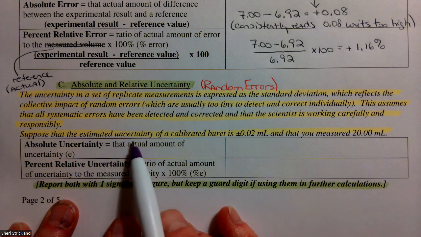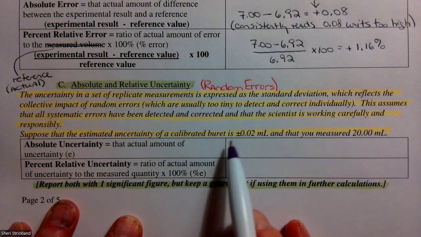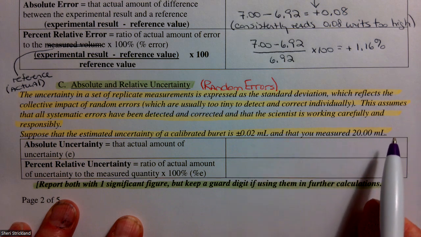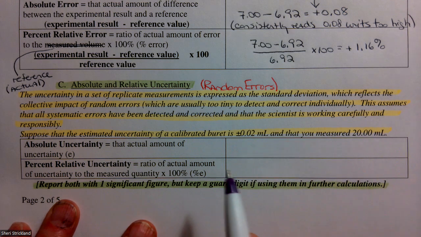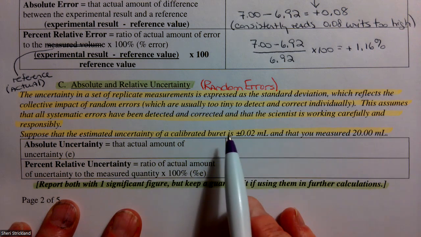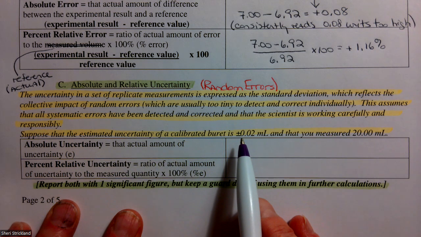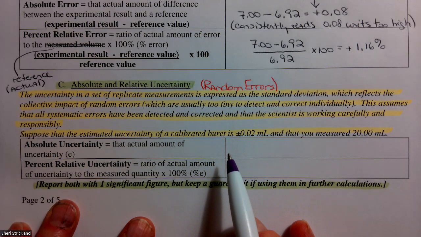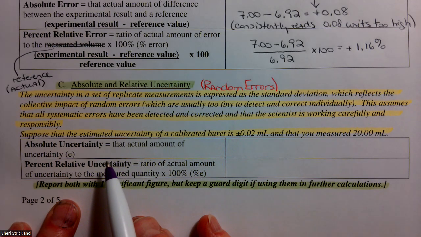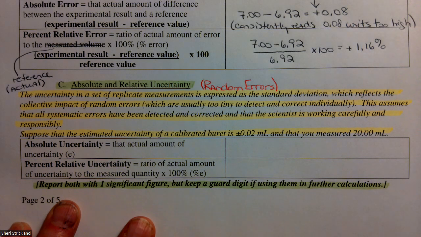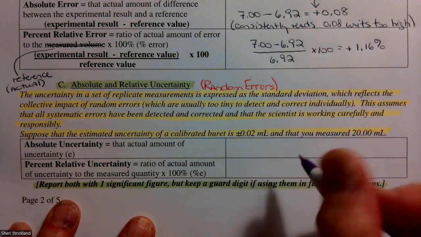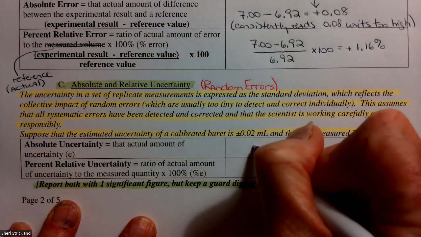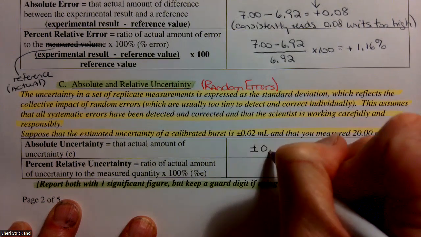Okay, so suppose that the estimated uncertainty of a calibrated burette is plus or minus 0.02 milliliters, and that you measured 20 milliliters of whatever liquid you were working with. Okay, this plus or minus is your key that we're talking about random error impact and not systematic error impact. Okay, so absolute uncertainty is the actual amount, and sometimes you don't do any subtraction at all. Sometimes it's just right here in the problem, like this.